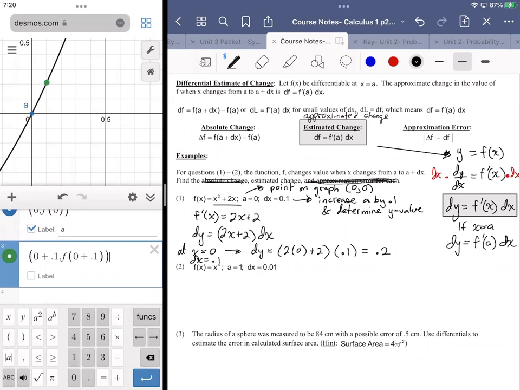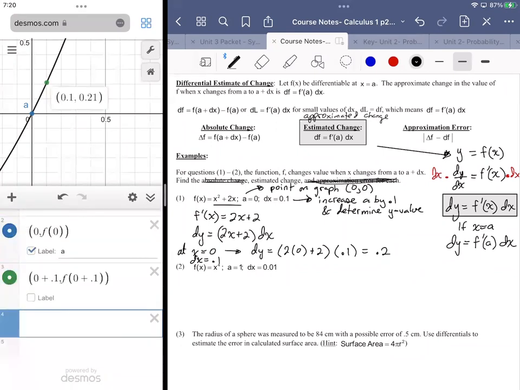And that would give me a y value of 0.21. What this process will do is determine the change in y corresponding with this change in x for that given function. It'll tell us what we would have to increase this y value by based off of that horizontal change.